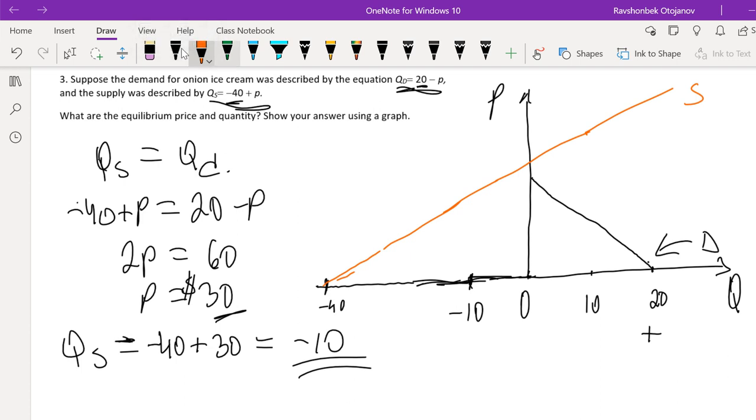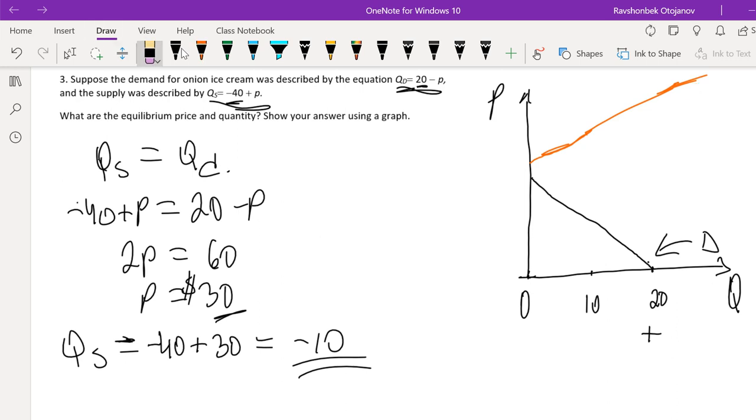But notice that we do not take all this into account, because this part is negative quantity, so we will not be focusing on it at all. Let me remove this part completely. That is the technical side of drawing these lines, but economists do not take that negative quadrant into account, as it doesn't make sense. So this is the correct supply line, and we only consider this side.